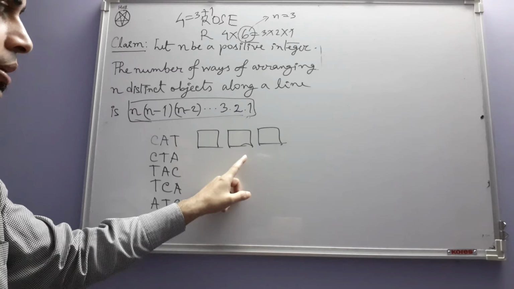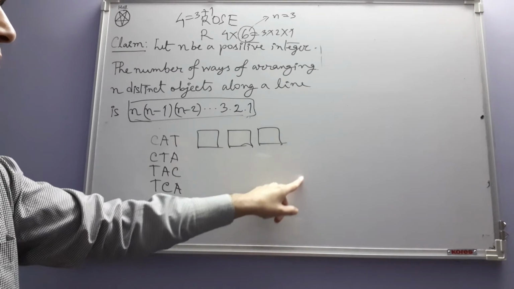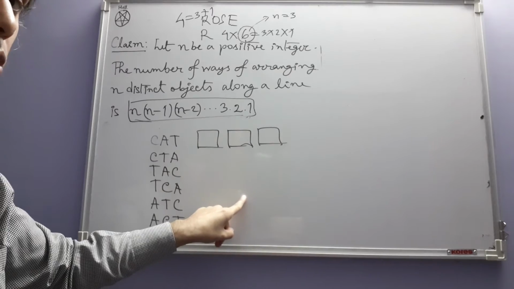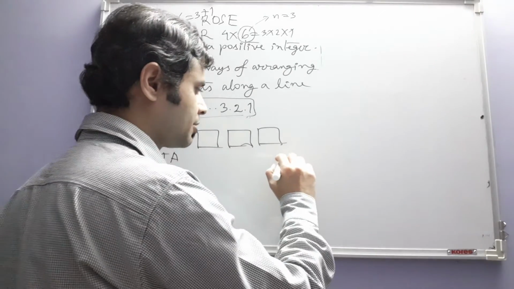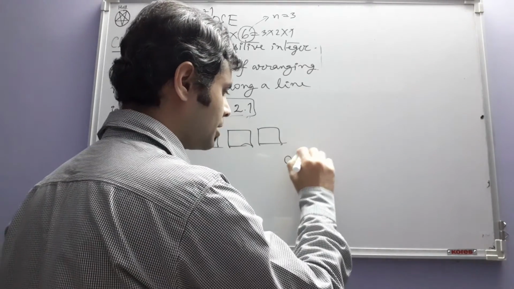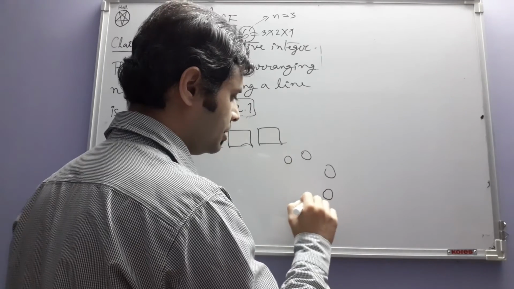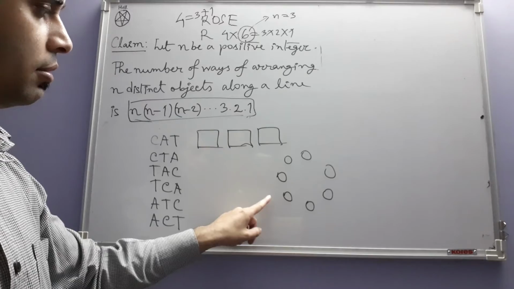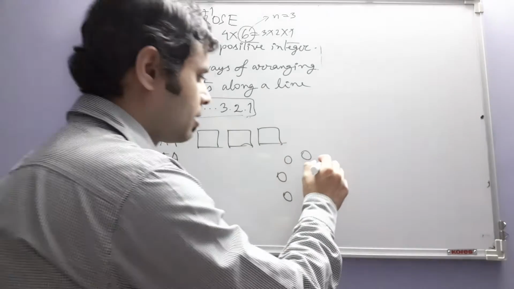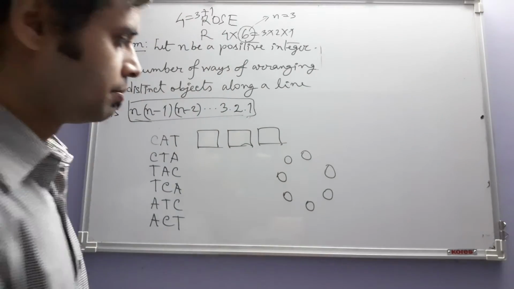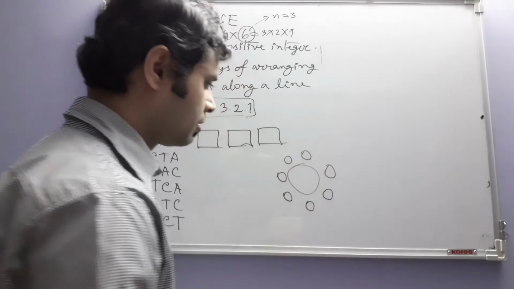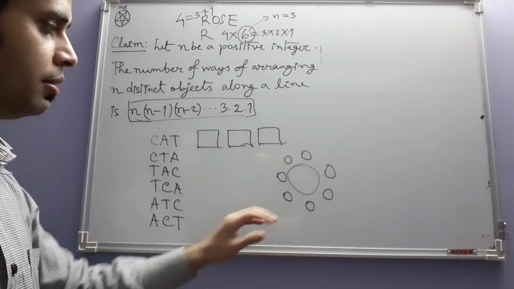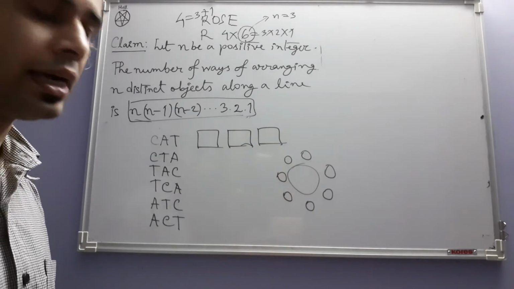Because if I have them along a closed curve, say for example some people sitting around a round table, how many ways can they sit so that we have different arrangements?